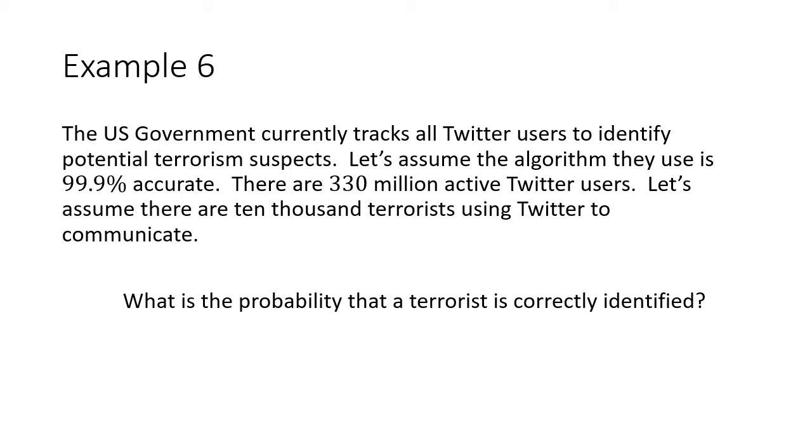The government and the intelligence agencies are absolutely 100% scanning every single tweet to, well, flag potential dangerous individuals. Now, let's assume the algorithm they use is 99.9% accurate. All right, that part I have no idea about. I'm just assuming, and I'm going to give them the benefit of the doubt. And 99.9% accurate, I think, is pretty good.